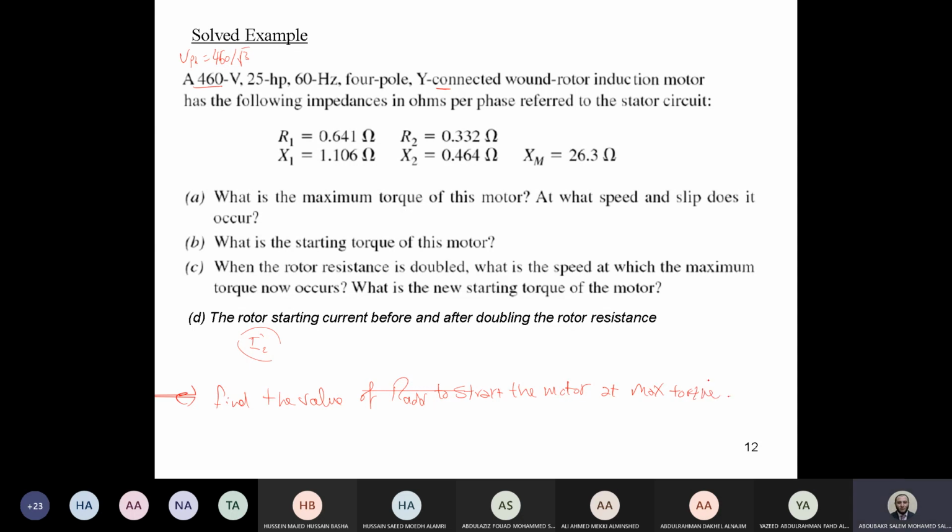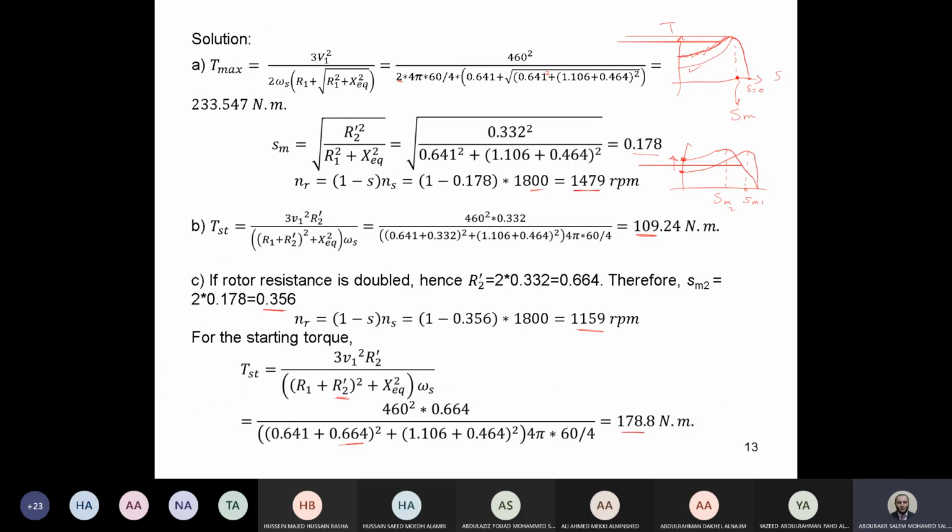What will be the value of added resistance to start the motor at maximum torque? In this characteristic, if we would like to add a resistance to start the motor at maximum torque, it means we have to make the characteristic like that.